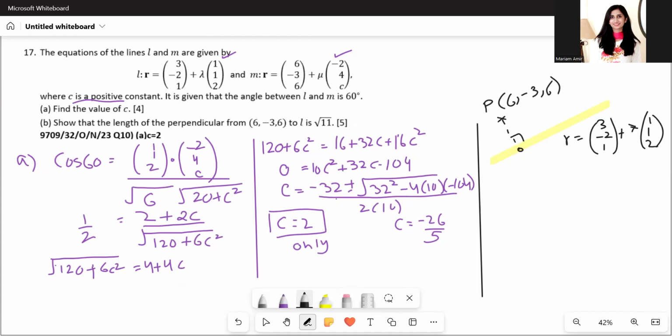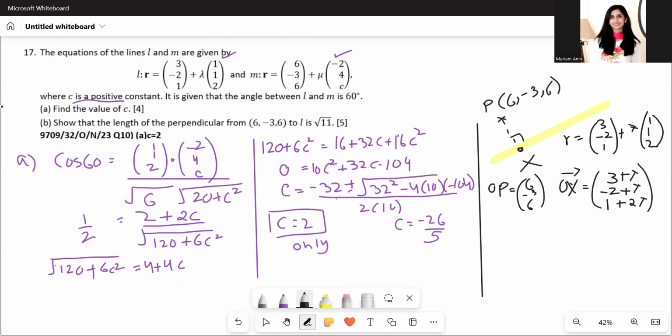Okay, so I'm marking this foot of perpendicular as X. So first step is you write down the position vector of P and the point of intersection. So OP is (6, -3, 6), and OX is (3 plus lambda, -2 plus lambda, 1 plus 2 lambda).